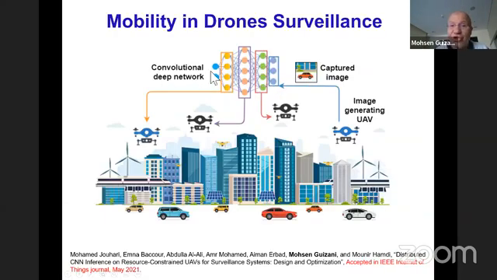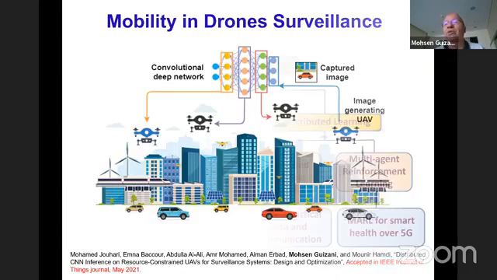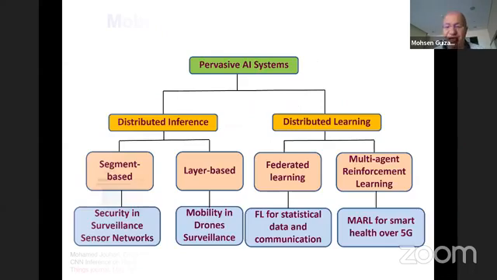We use the convolutional deep network again to process the data and find the needed information to make the right decision, and to be able to use autonomous systems in this situation, and make sure the autonomous system is secure.